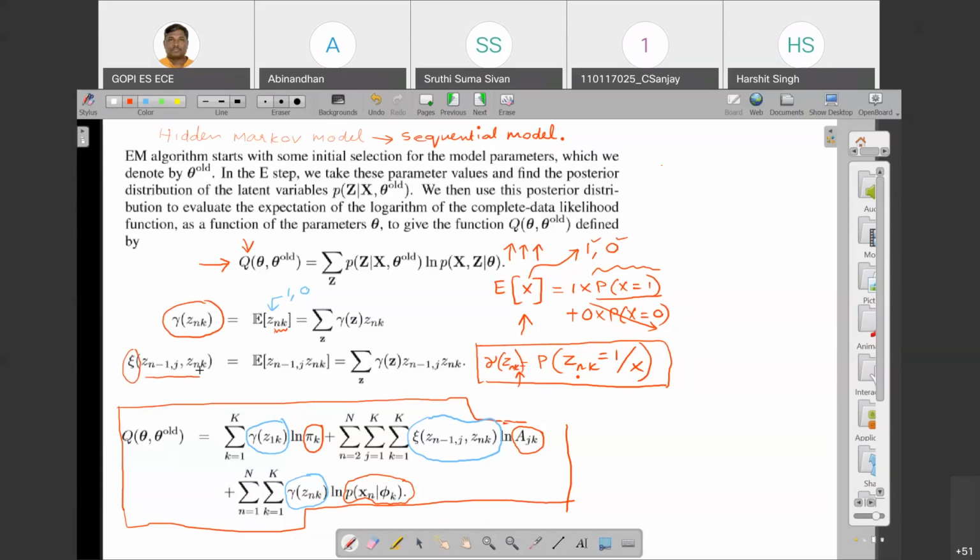Here the nth element is getting generated with the kth state, and the (n-1)th element is getting generated with the jth state. This is a joint probability, whereas your AJK is basically the conditional probability. That is the major difference. This is the conditional probability, but it describes the same thing.